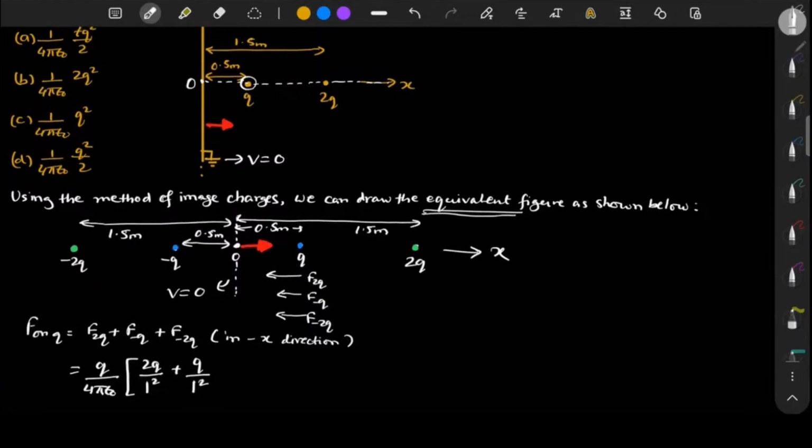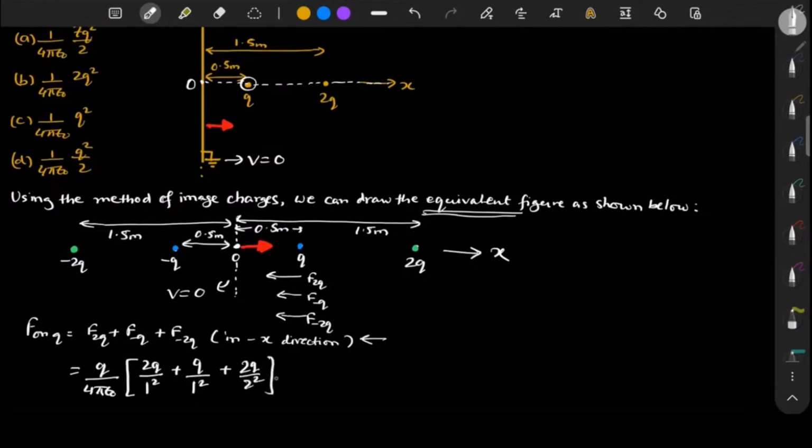Notice that I have not put the minus sign because that takes care of the direction. So once I know which direction, then I can just use the magnitude. So I know that all of these are acting in the negative x direction, so that I've already specified over here. So I'm just writing the magnitude over here.